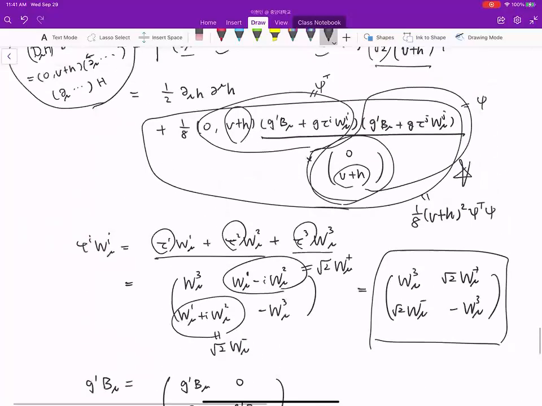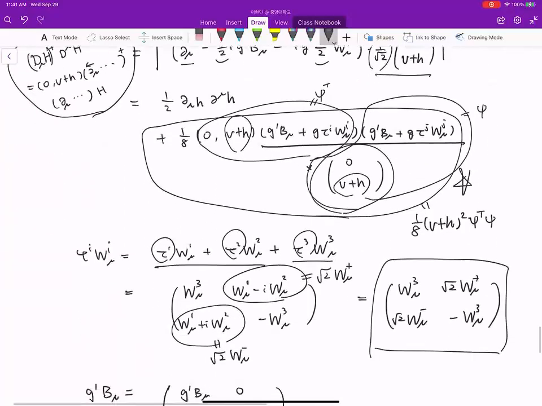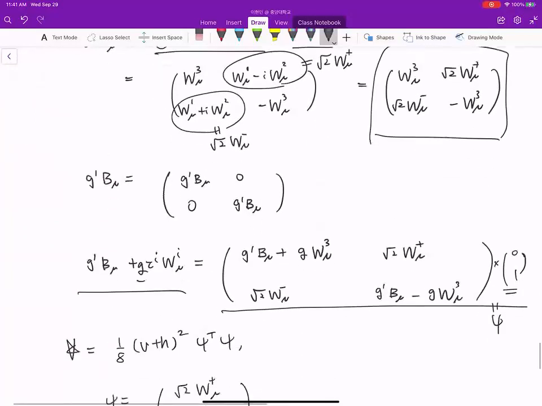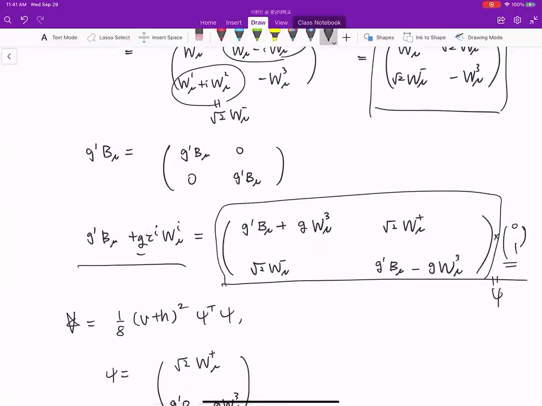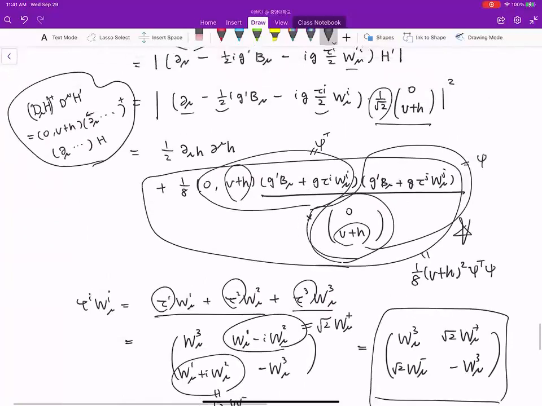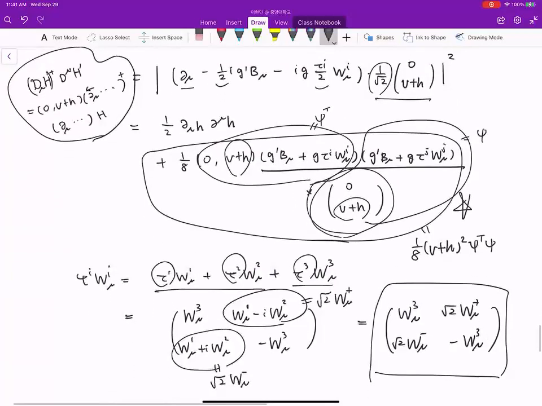Yeah, sorry, this is not the real matrix, because here we have a plus and minus. So it is a different one, sorry. So psi, yeah, this is not exactly this one.